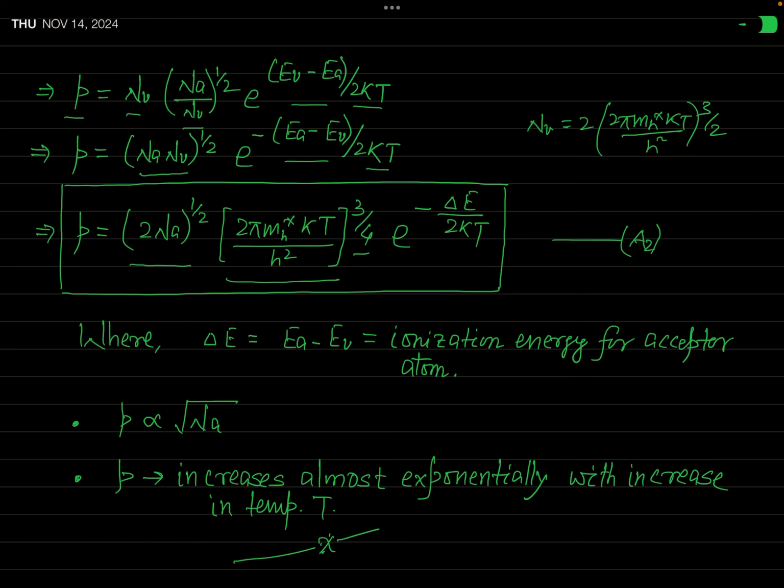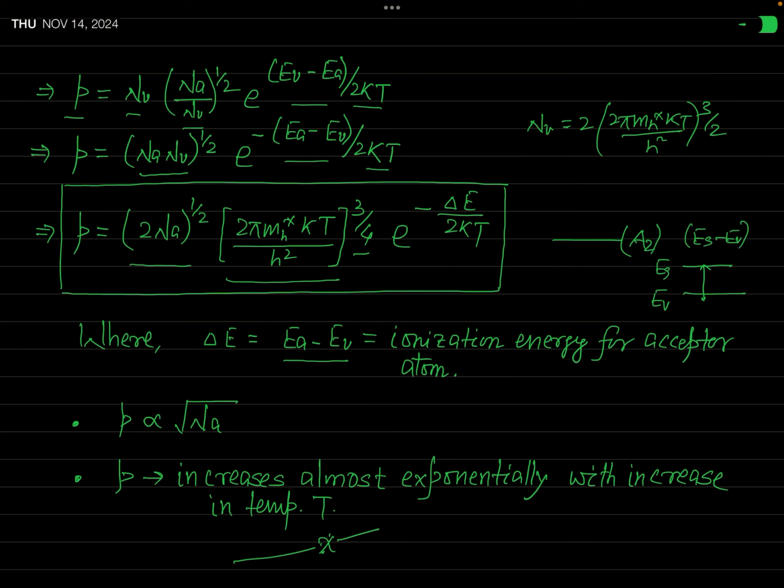Here, what is this delta E? You can see this delta E has been written in place of EA minus EB. This is the value of EB and this is the acceptor level which is EA. And you know the minimum energy needed for an electron moving from the valence band to the acceptor level will be EA minus EB.